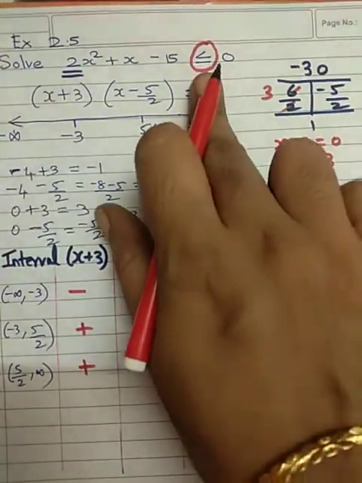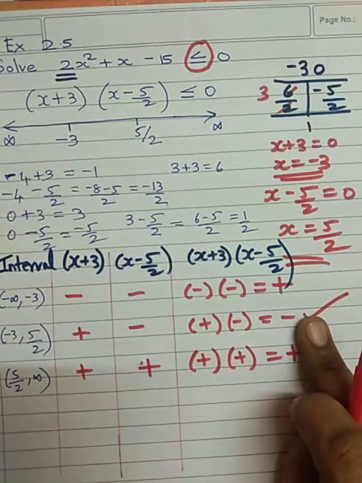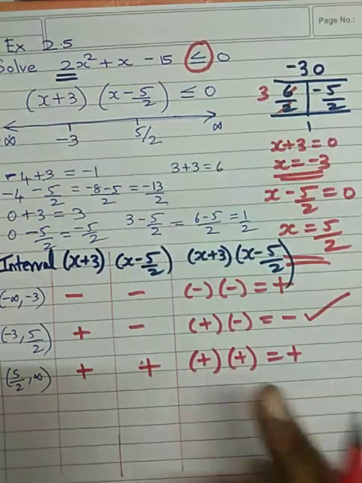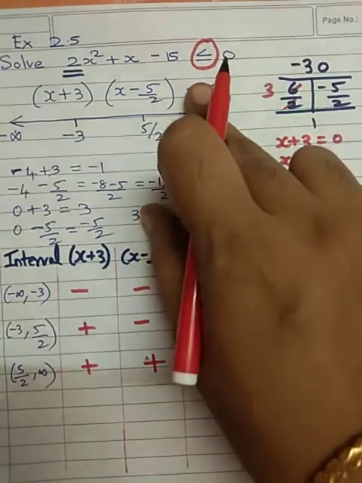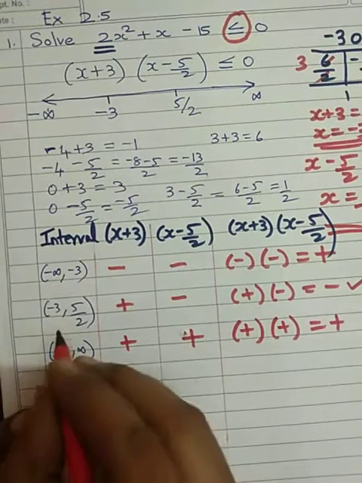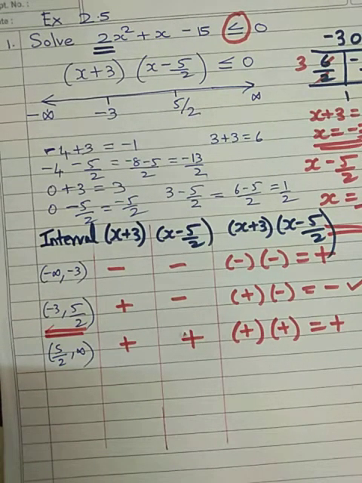Since in the question we have less than or equal to 0, I have to select the negative sign row. Suppose I had greater than or equal to 0, I would select the rows where it is positive. So less than or equal to 0, negative. So I selected this row and I have to underline this particular thing. So this is my answer.